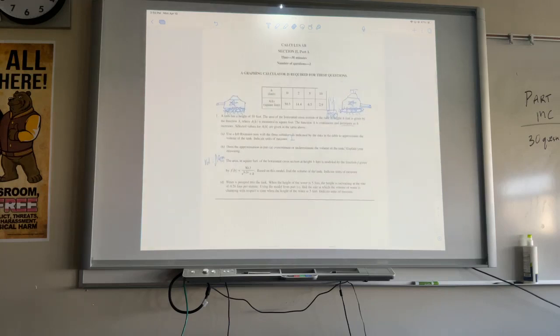So it means obtain, like a water tank. Also, the area of the horizontal cross section is the area of that.